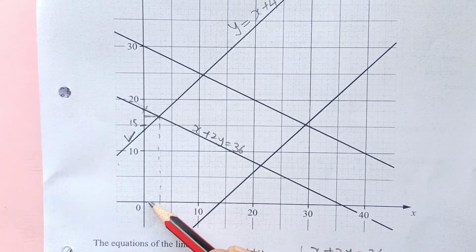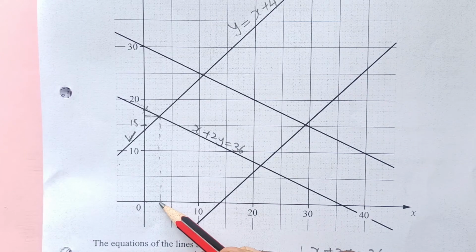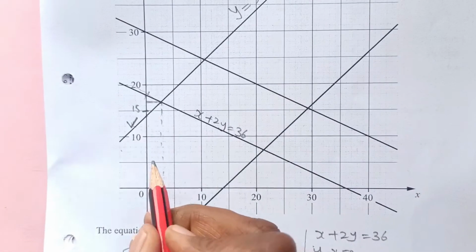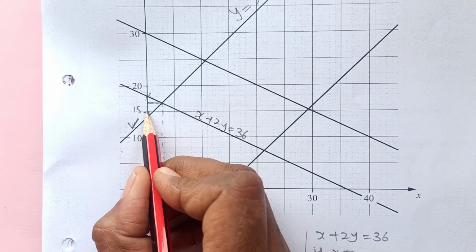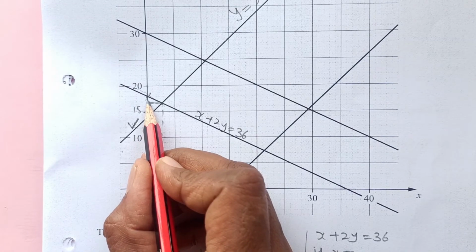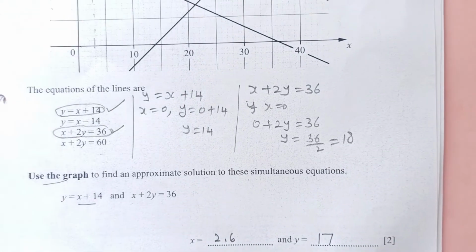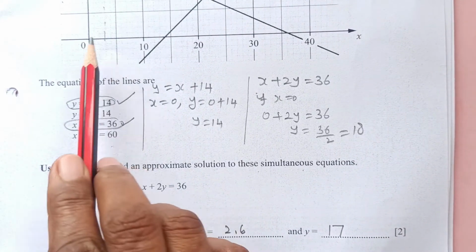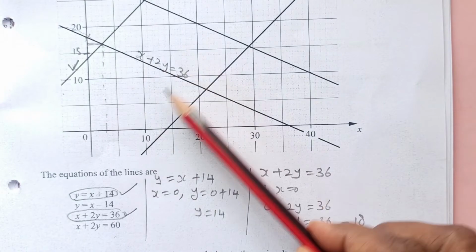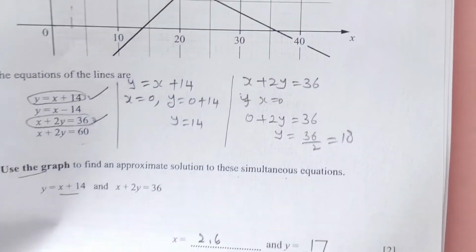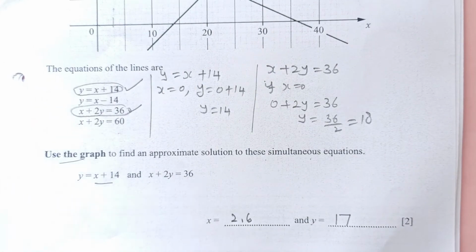Yeah, maybe it's not visible properly, x is 2.6, right? And y is on this side. So this is 15, 16 and 17. So y may be 17. Your answer may vary a little because I can't see the division among the squares well, but this is the method that you need to use.